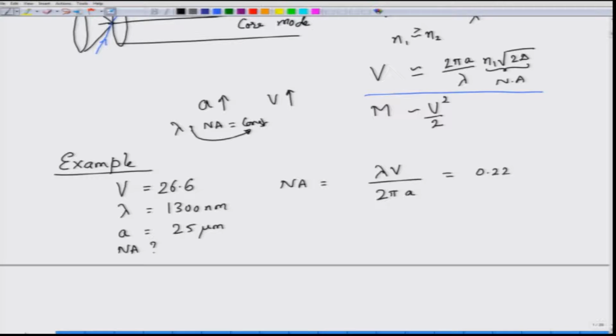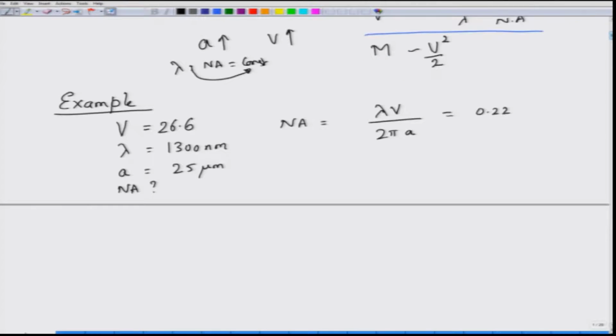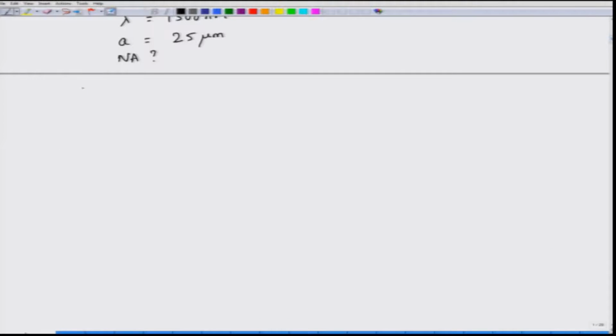Now let us turn around the problem, and I will leave this as an exercise to you. Assume that for some reason I want V to be 2.405. You will see why so sometime later when we discuss the modes. I fix A to 4.1 micron. Remember, A is the radius. And I want the wave to be propagating at 1550 nanometer.